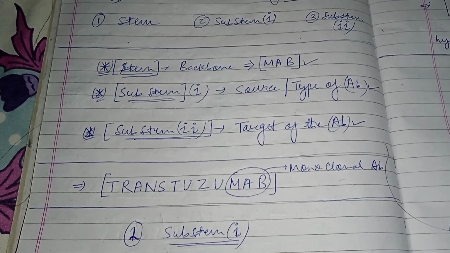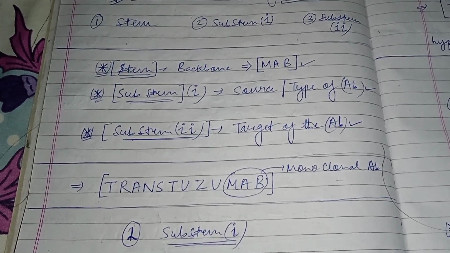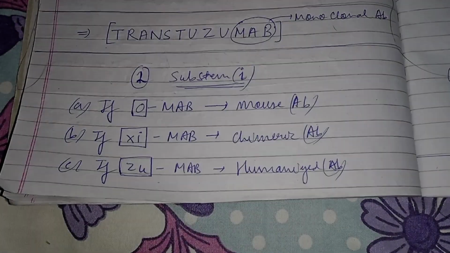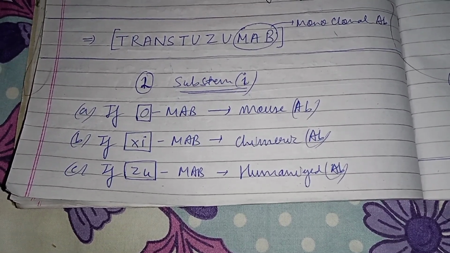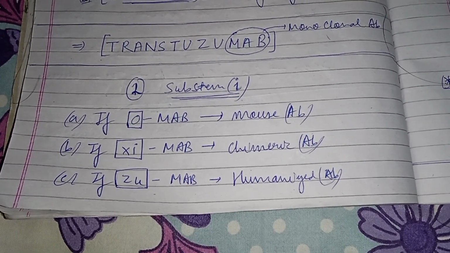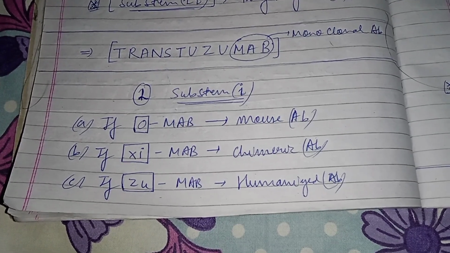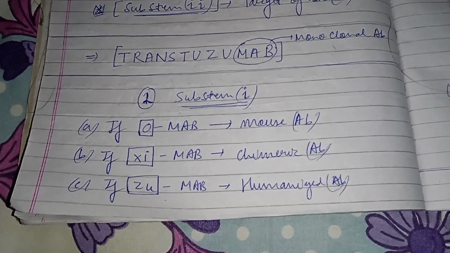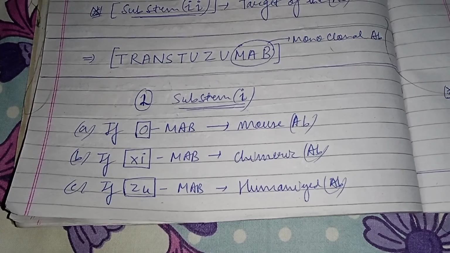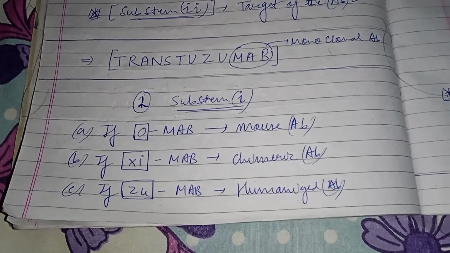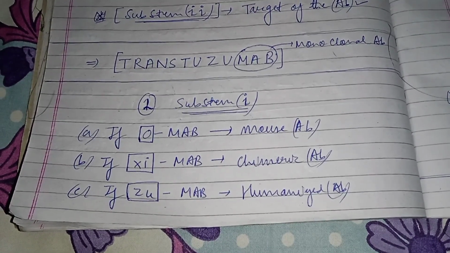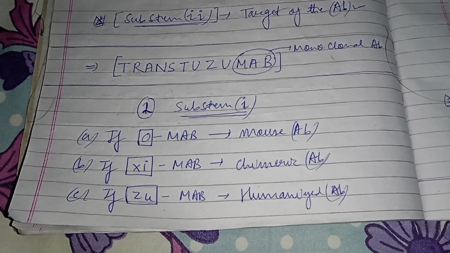Okay. Now let's look at the substem 1 part. If we have OMAB in the name, then the O stands for mouse antibody. If we have XIMAB, then XI stands for the chimeric antibody.